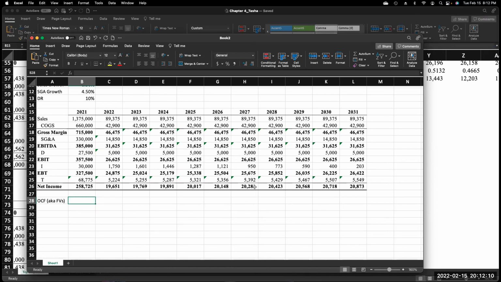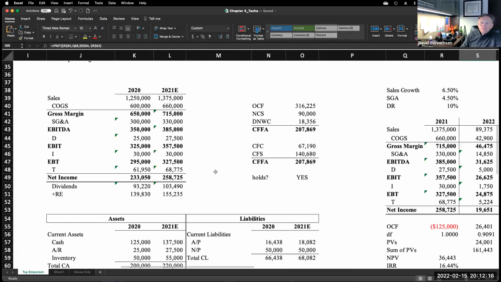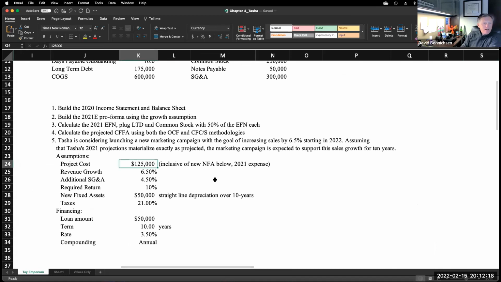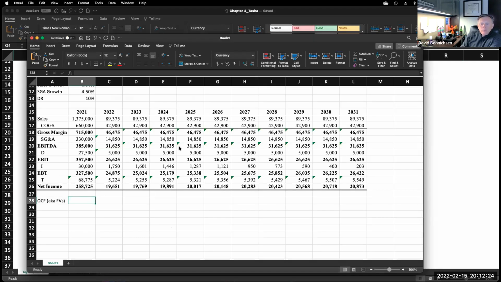$125,000. Thank you, Nick. The case tells us the project is going to cost $125,000. So it's going to cost us $125,000 in 2021, right? If we spend this money, then we get this incremental net income, right?